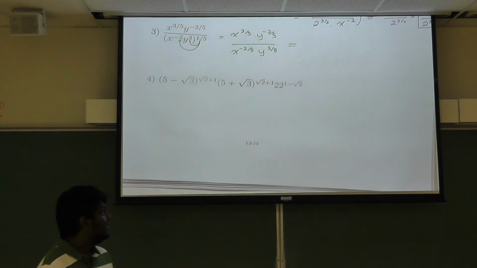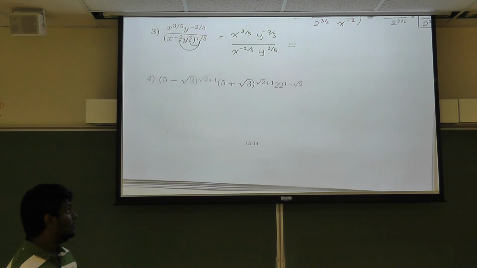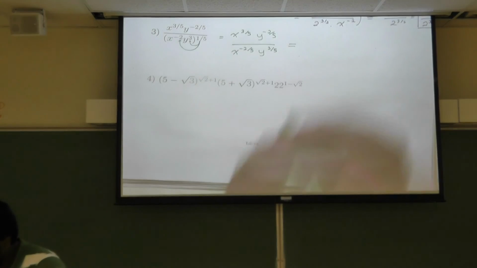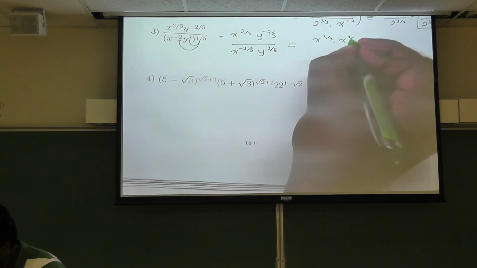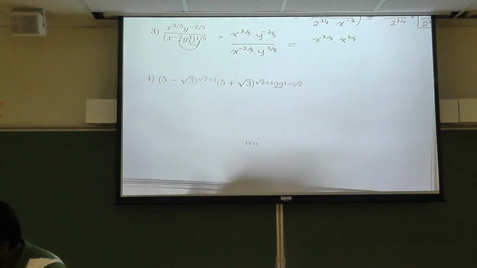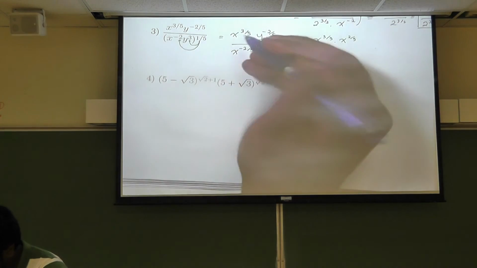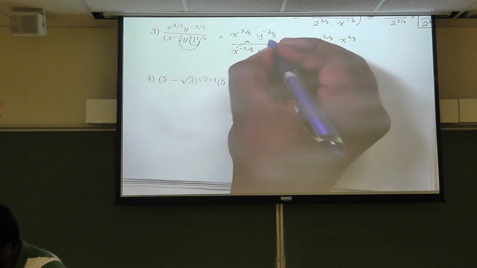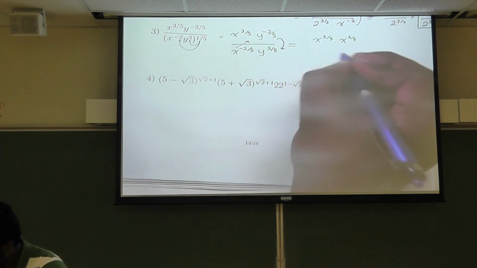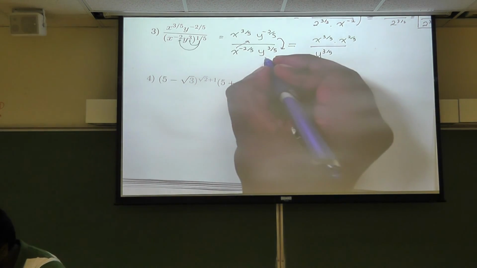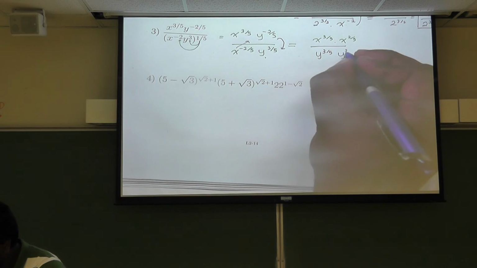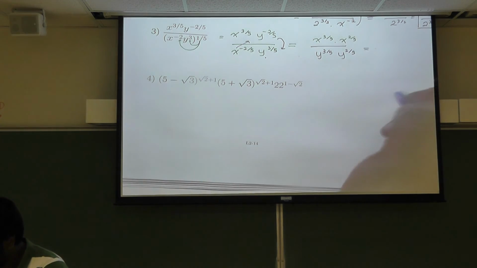So if you can see a negative exponent, move it to the other side. So I can see the negative exponent here, I would move it to the top. So 3/5 x to the 2/5. That guy goes to the top. And then this guy will come to the bottom because it has a negative exponent. So you get 3/5 that was already there, and y to the plus 2/5 because it came to the denominator.